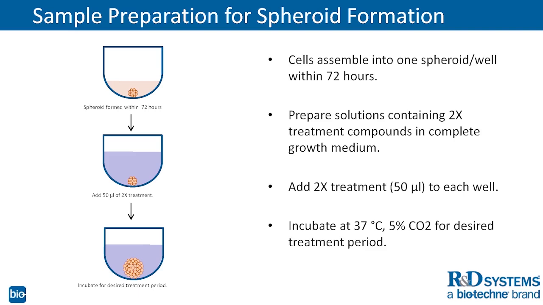So after that addition, it'll become a 1x treatment. After we've added the treatment, we incubate at 37 degrees in the tissue culture incubator for a desired treatment period. We're generally looking at 72 to 96 hours, but these spheroids can remain viable for a long time in culture, as we'll see in a later slide.